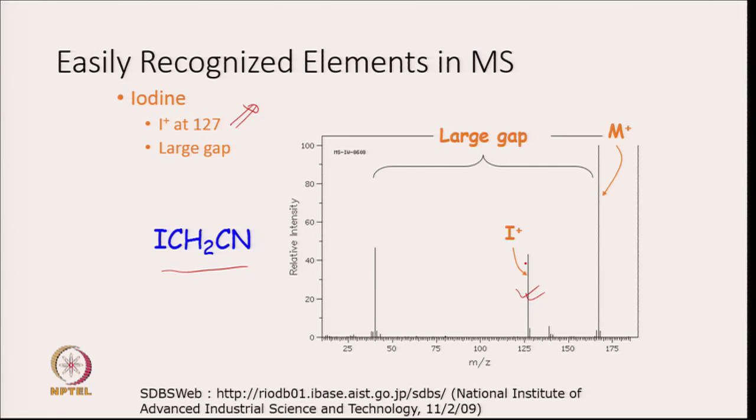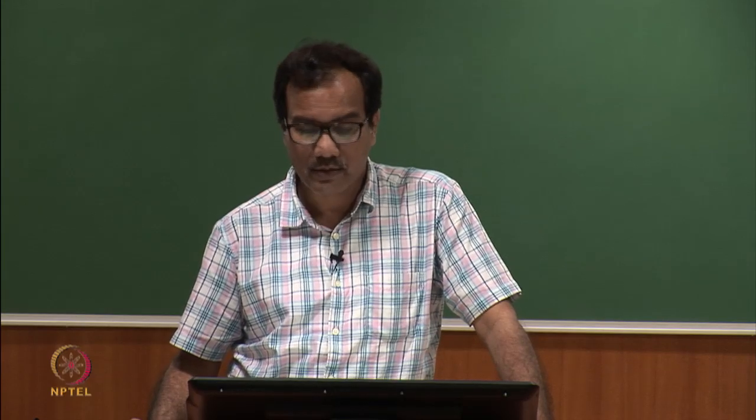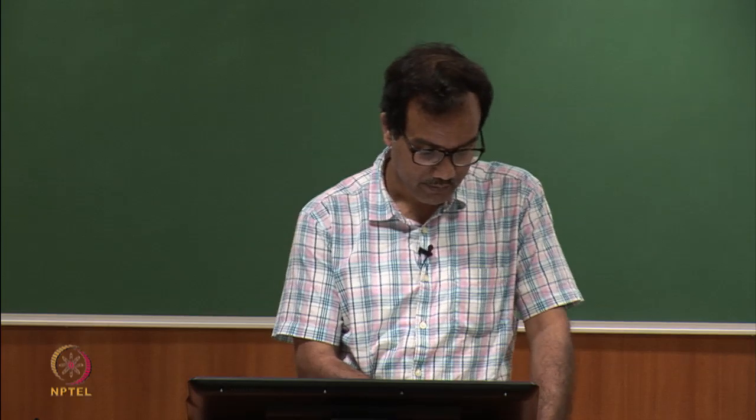That suggests that your molecule probably has iodine, and you will also observe a large gap between M plus and the next higher molecular peak. If there is a large gap, it means I is getting detached from the molecule, and the rest of the molecule, in cation form, has lower molecular weight.